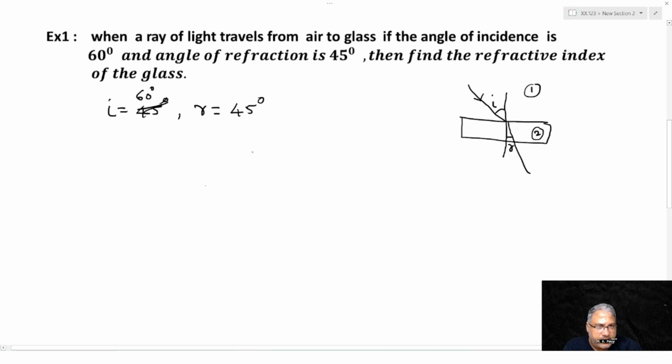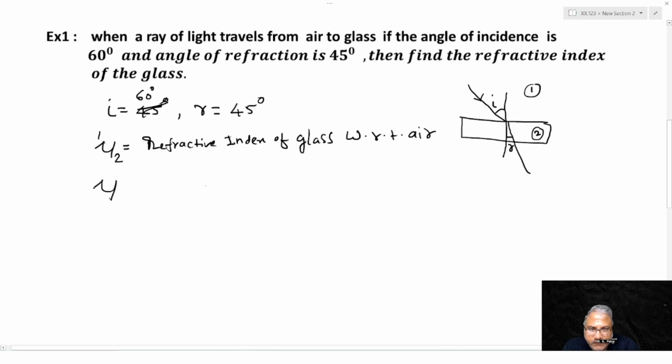So the refractive index of the second medium with respect to the first medium, mu 21, is nothing but the refractive index of glass with respect to air. The same symbol can also be written like this: refractive index of glass with respect to air.